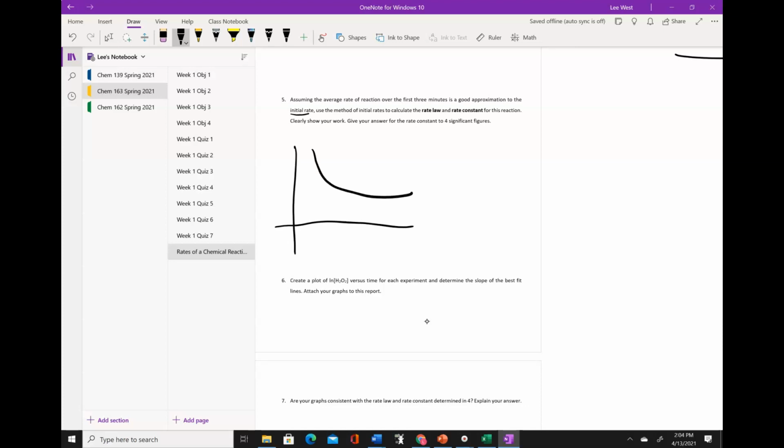The initial rate would be the slope right at t equals 0, but we're going to say that that can be approximated as the average rate, which is the slope of the line joining 0 and 3 minutes together, right? So we're going to use those two rates as an approximation of the initial rate for each of those two concentrations. And then it says use the method of initial rates to calculate the rate law and the rate constant.